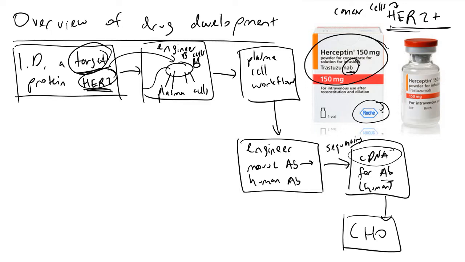And then after we've infected our CHO cells, what we will now need to do is something referred to as cell line development.